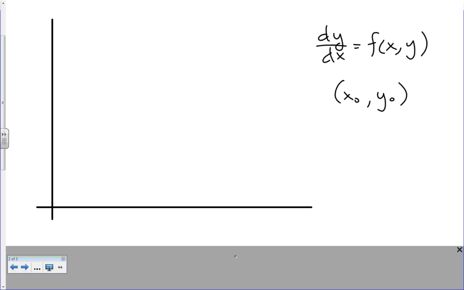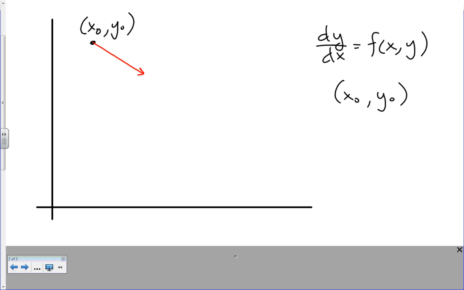So let's say that x sub 0, y sub 0 is maybe up here. What I can do is use that differential equation and plug in my initial condition and find the slope. The slope at this point, maybe it's pointing out in this direction here.